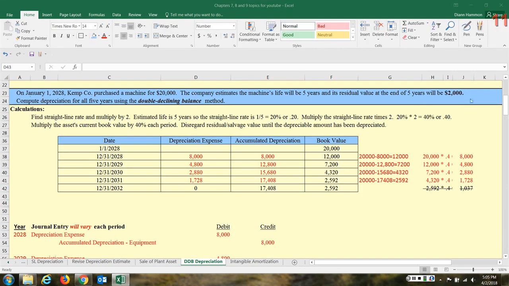So remember, the company estimated the residual value at the end of the life to be $2,000. That's where we need to stop when we get to the $2,000 mark.